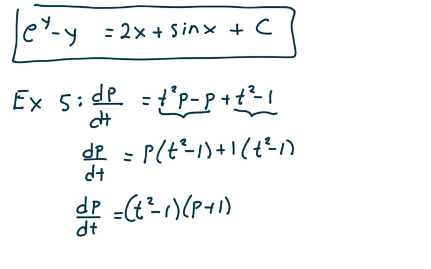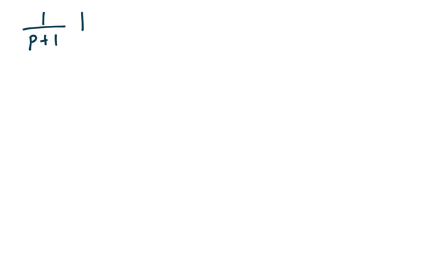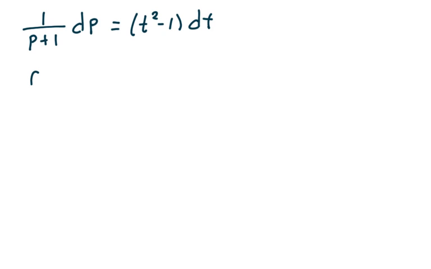And this is separable. It doesn't look like it in the beginning, but we can separate this. So 1 over p plus 1 dp is going to be the same as t squared minus 1 dt. So we write it in differential form, and then we integrate from here.